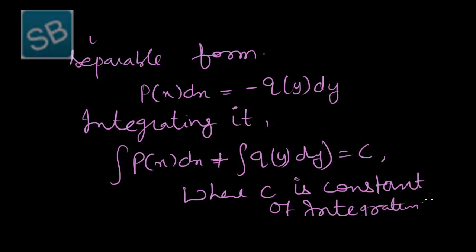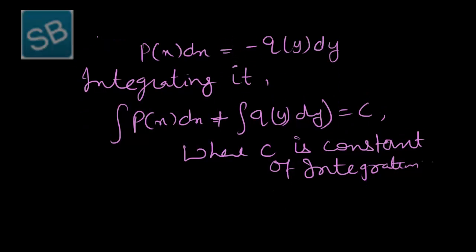So this is the method of variable separable. That is, in this method we will get a function that contains only the y variable and a function that contains only the x variable, and by separating these functions and after integrating we will get the general solution of this first degree and first order differential equation.